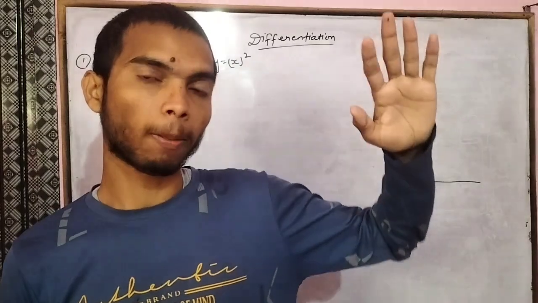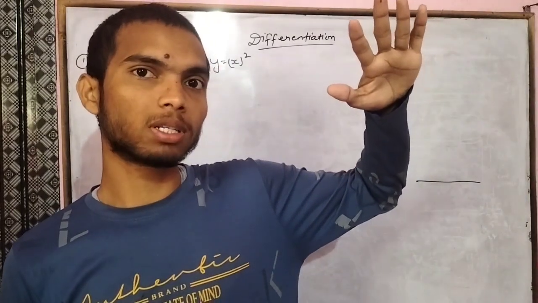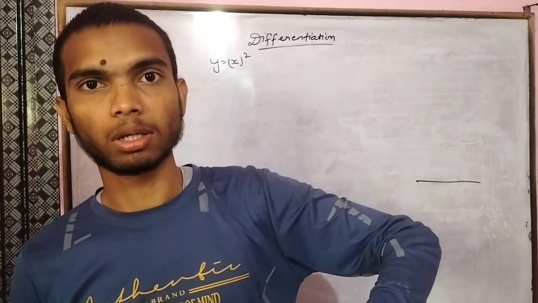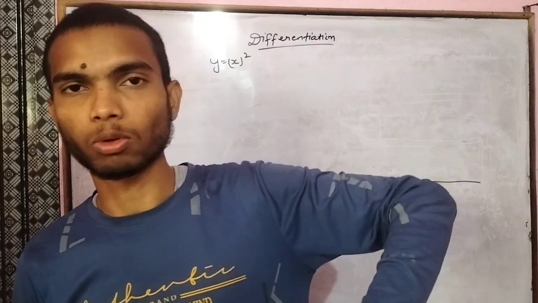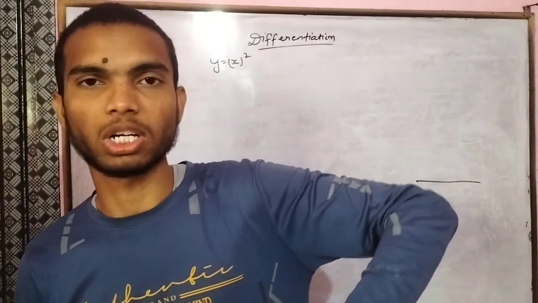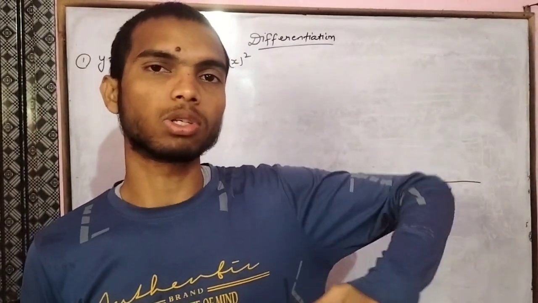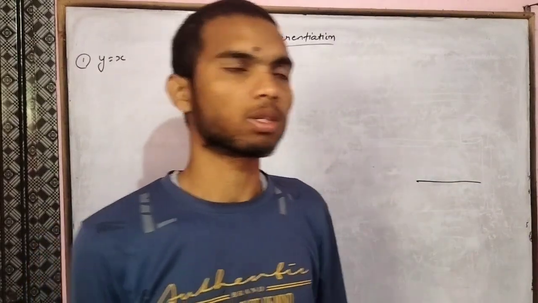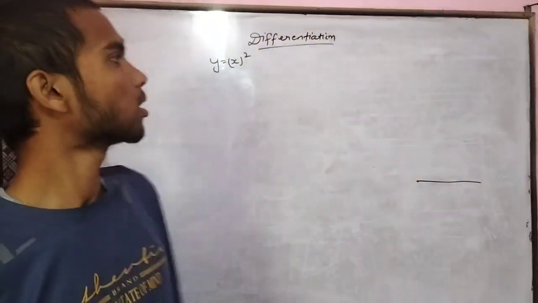Now the opposite: if the slope is going from upward to downward, we would say this is a negative slope, because it came from upward to downward.